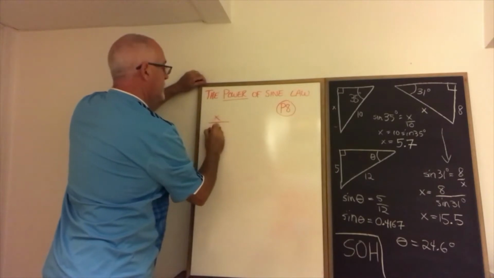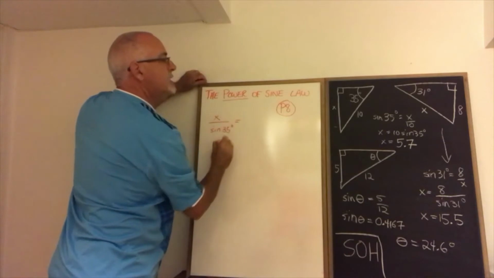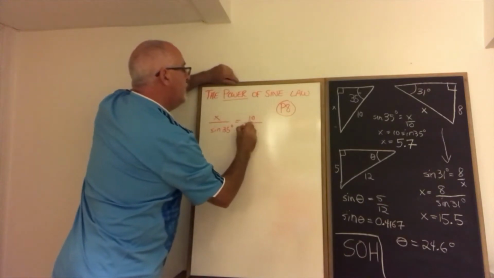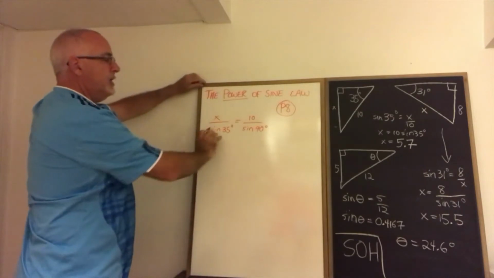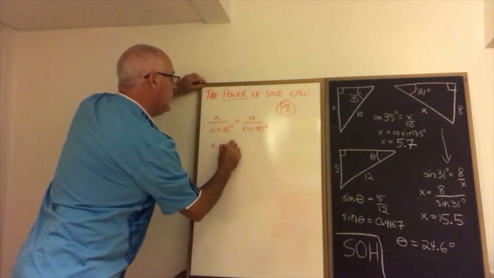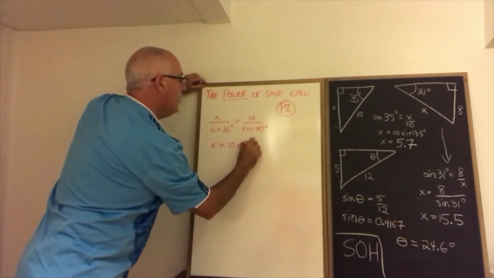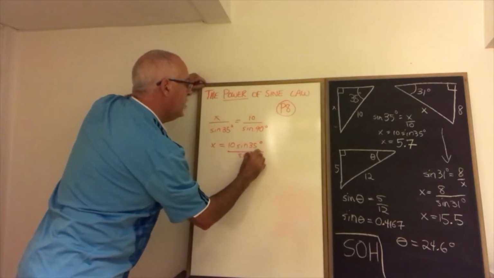X over sine of 35 degrees has to be equal to 10 over sine of 90 degrees. Therefore, I'm going to do a bit of quick algebra and isolate my unknown. X is equal to 10 times the sine of 35 over the sine of 90.